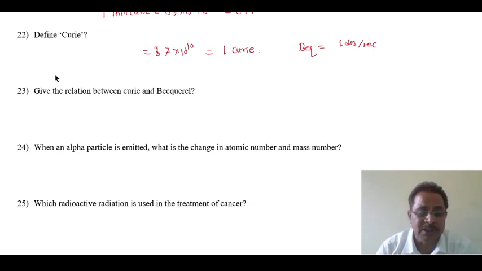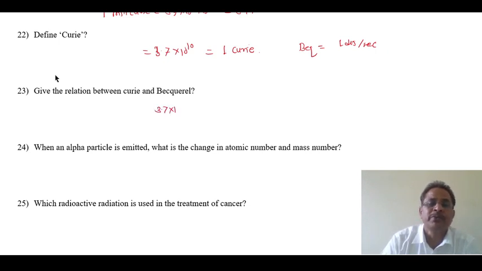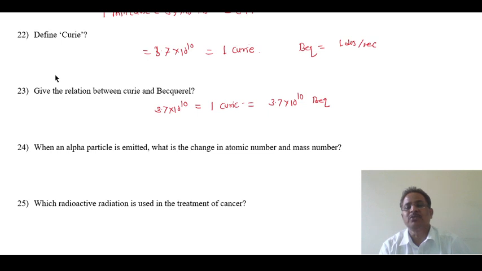So question number 23: find the relation between Curie and Becquerel. These are the actual names of scientists, and we are using their names for the units. 1 Curie is equal to 3.7 × 10^10 disintegrations per second, and as 1 Becquerel is 1 disintegration per second, 1 Curie is equal to 3.7 × 10^10 Becquerel.